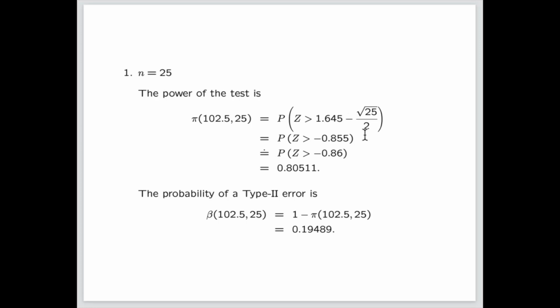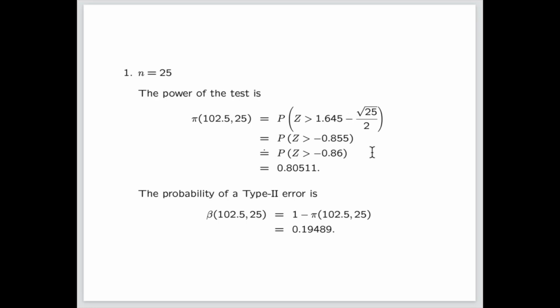And again, for now, we're going to round that to 2 decimal places so that it matches the precision of the z values given in the standard normal table. And so the power of the test, when mu is equal to 102.5 and when the sample size is 25, is approximately given by the probability that the standard normal random variable is greater than negative 0.86.